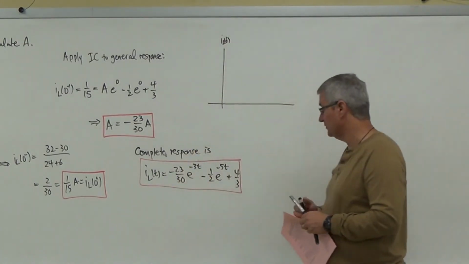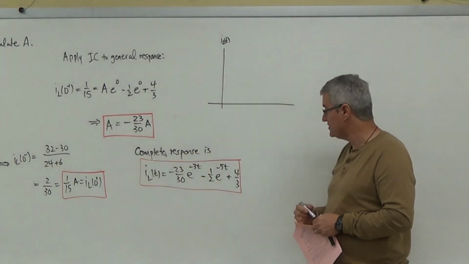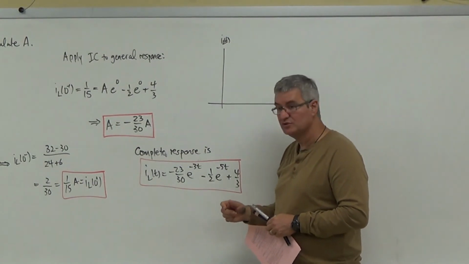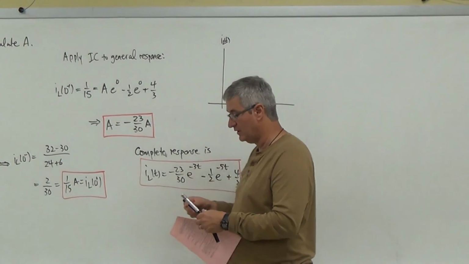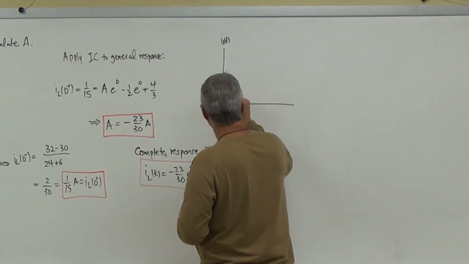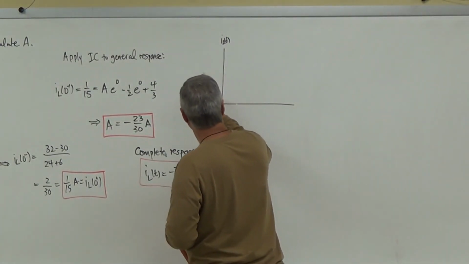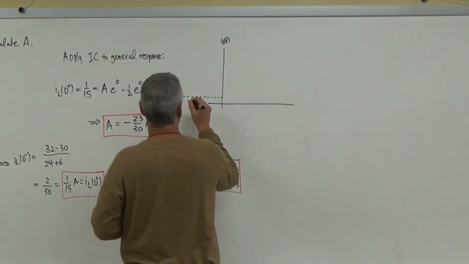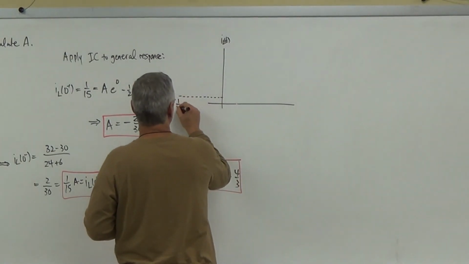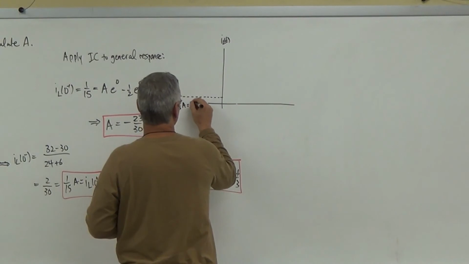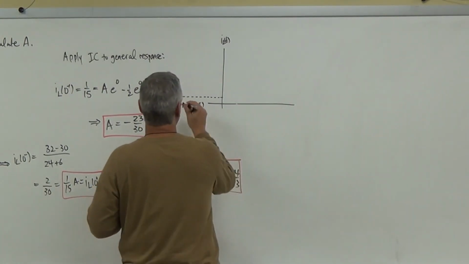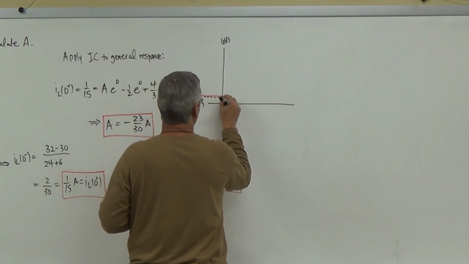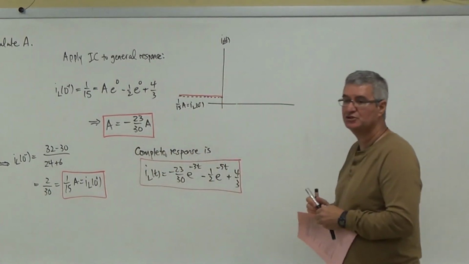For starters, we know that for t equal to 0 minus, this thing is at 1/15. So this value right here should be 1/15 of an amp, which is IL of 0 minus. So this is coming in right here, and then it starts to charge up.